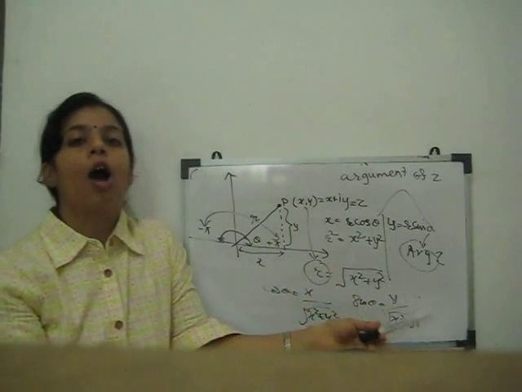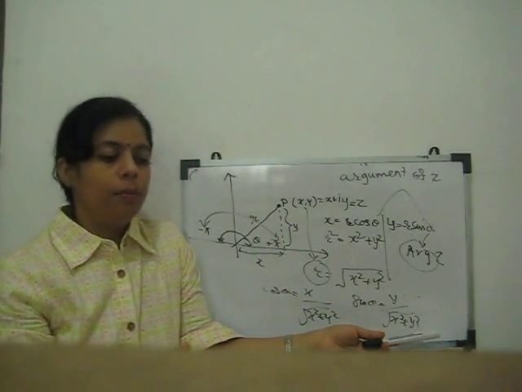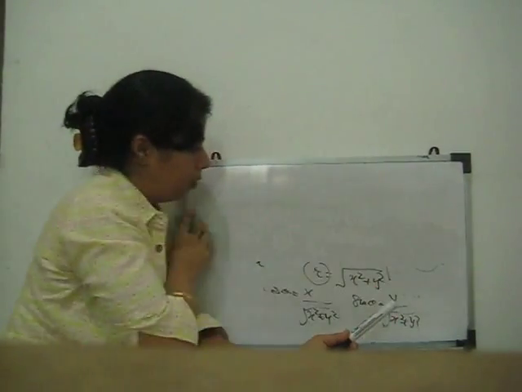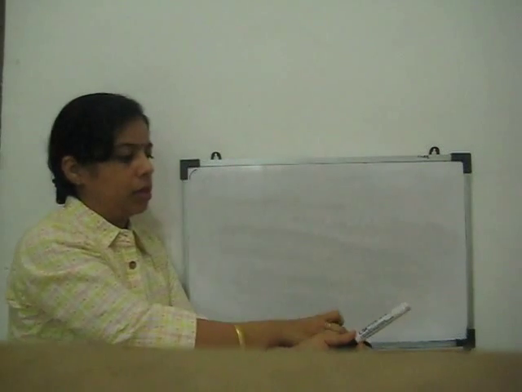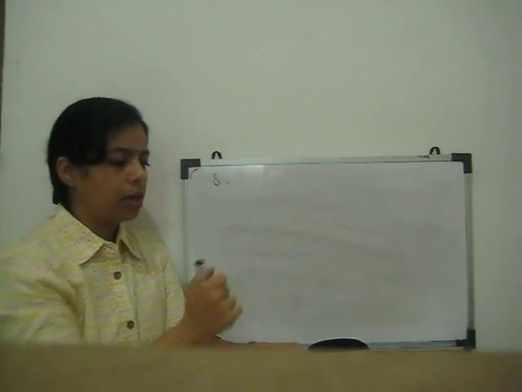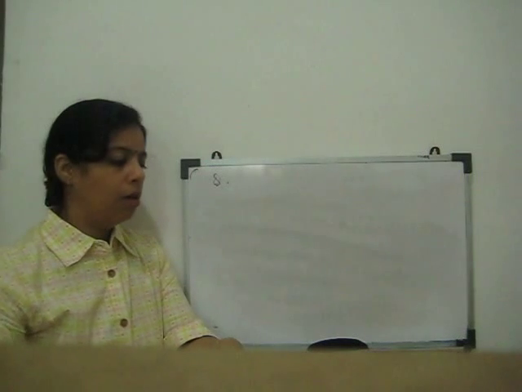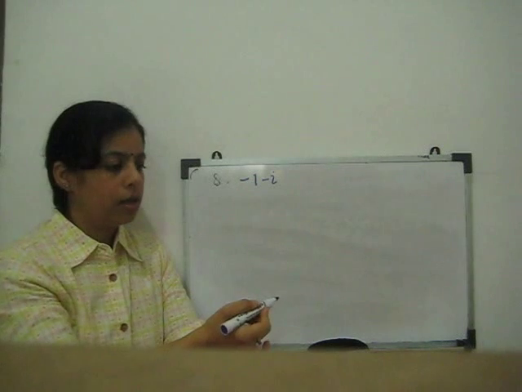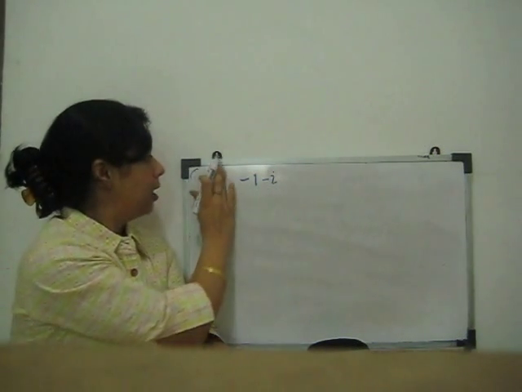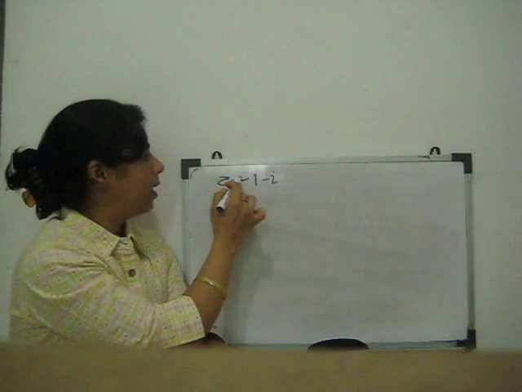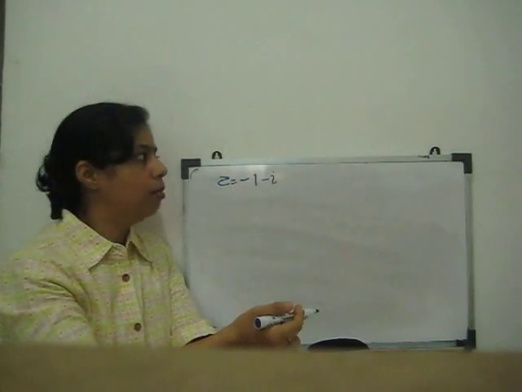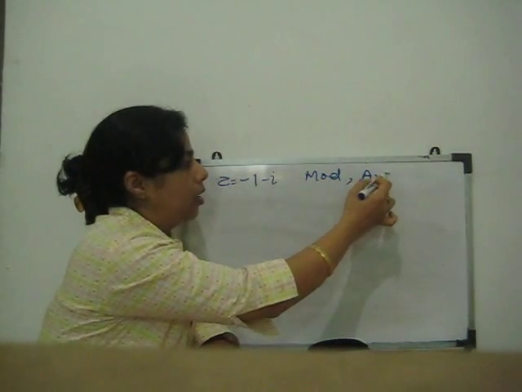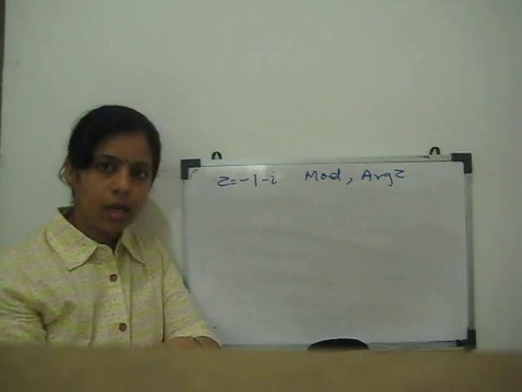How do we find the modulus and argument of a complex number? I show you one example for this. If we have the question, our number z is equal to -1 minus iota. Find out the modulus, mod z and ARG z. Clear?